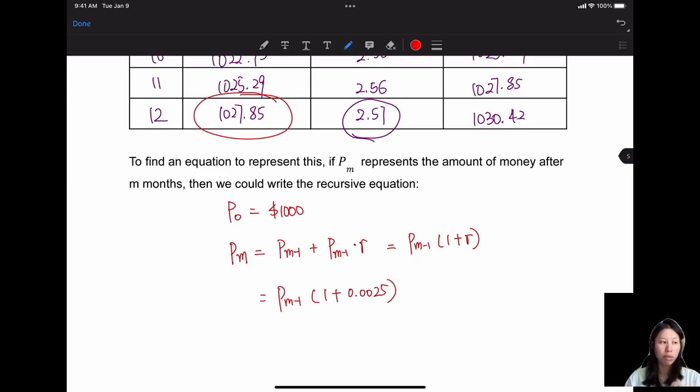So now how can we write it more generally? How do we get P sub n minus 1? If you think about it, P sub n minus 1 is from the previous one, which is P sub n minus 2, times 1 plus 0.0025.